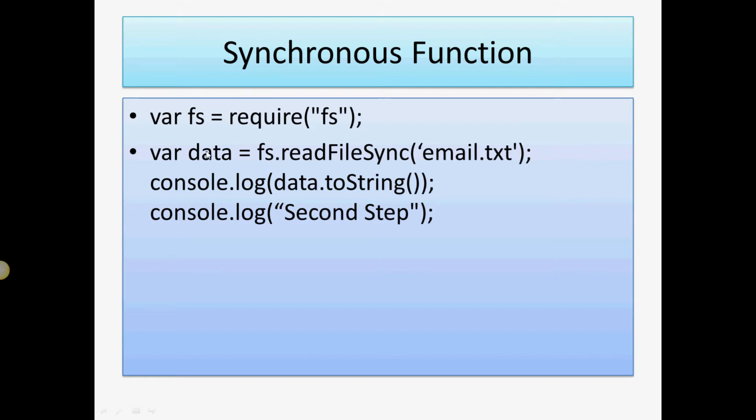So what it will do: first the program will come to this line and include the file system module. Now this module will read the file, it will wait until the whole file is read, and after that it will show the content in the log, and only after that will the next line be executed. If a file is very big, this line will keep waiting until the previous line is finished.